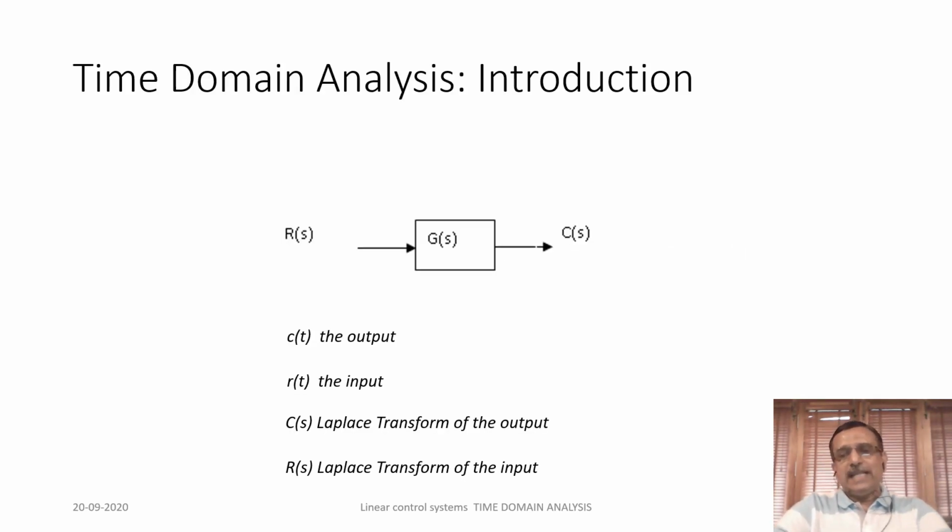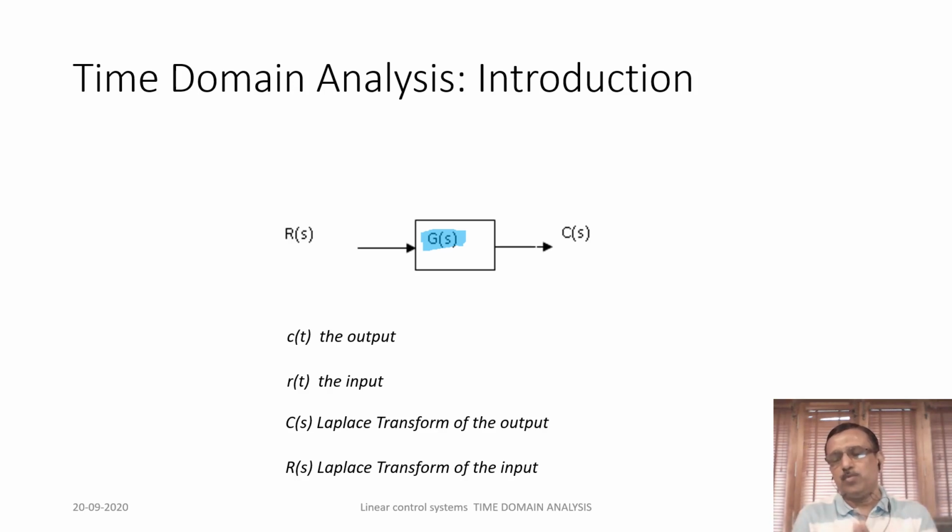So we studied the transfer function, G(s), in the last module. We saw how to find the transfer function for a simple system. Then we learned how to combine transfer functions using block diagram reduction and signal flow graphs. So in principle, we can find the transfer function of any system.